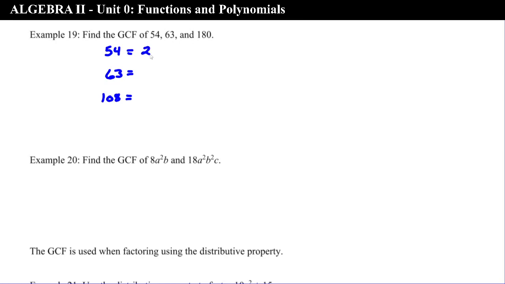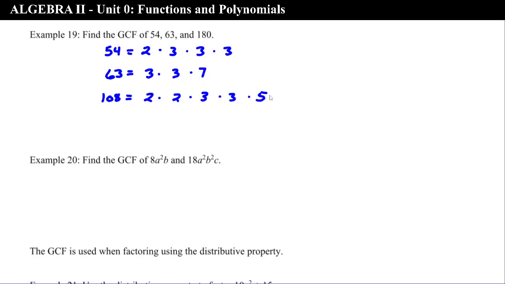So I'm going to go ahead and give you what the prime factorization is of each of these. 54 is 2 times 3 times 3 times 3. 63 is 3 times 3 times 7. And 108 is 2 times 2 times 3 times 3 times 5.